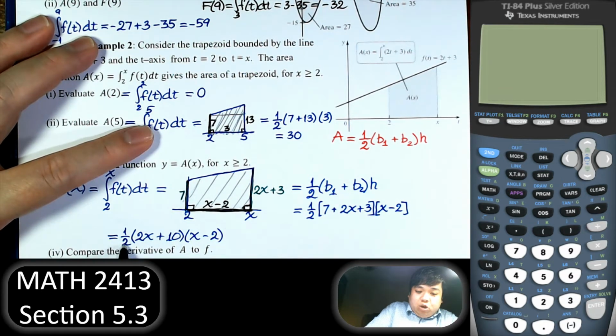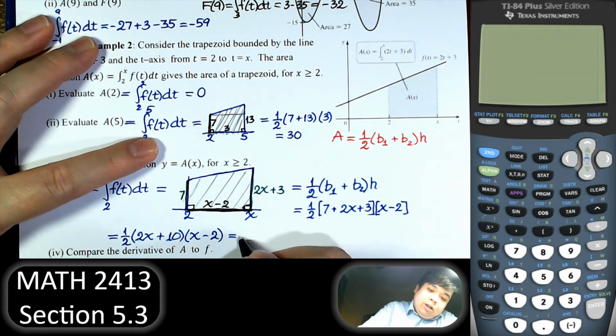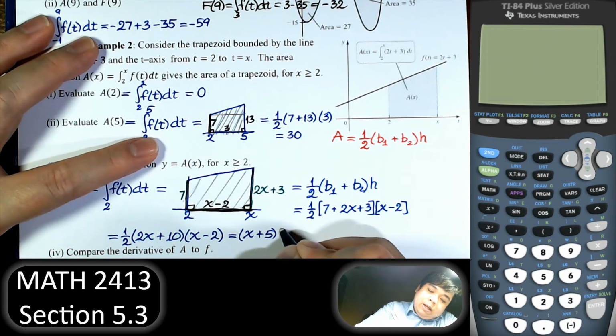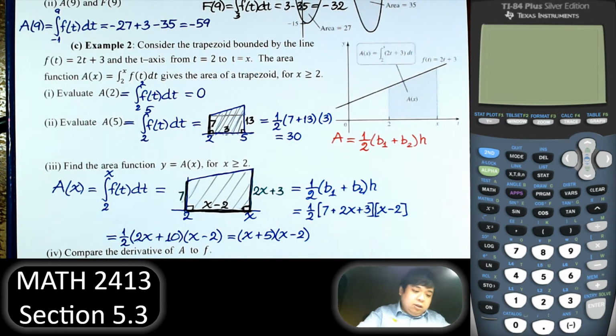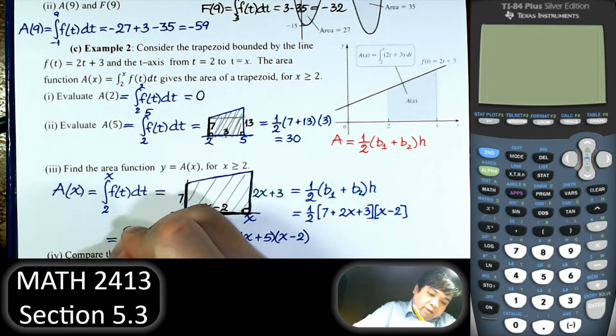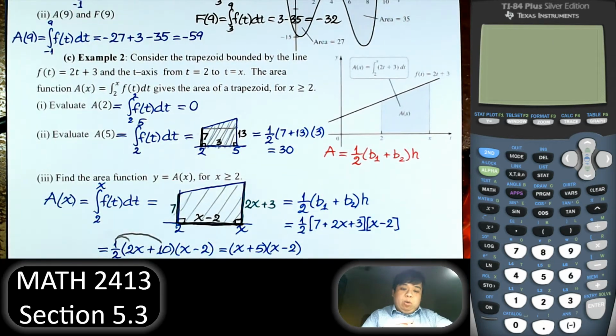Now I multiply the 1/2 inside. 1/2 times 2 is 1, 1/2 times 10 is 5, so I have x plus 5 and x minus 2, right? So if we distribute the 1/2 into the first factor, that's what we have.